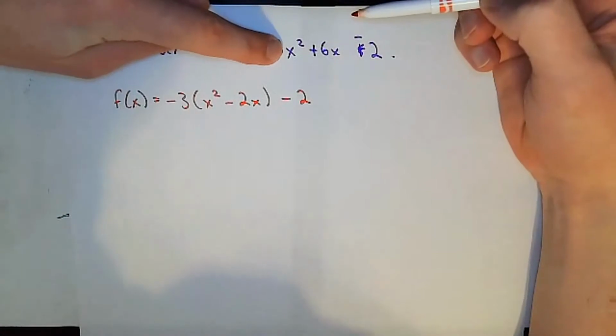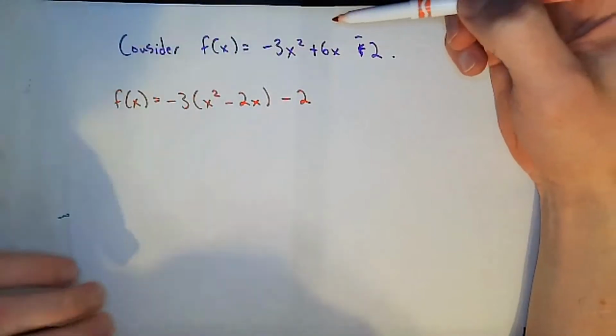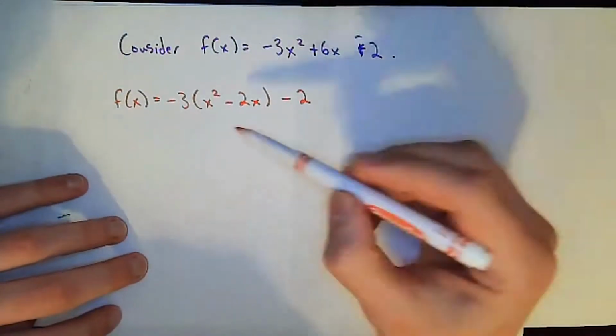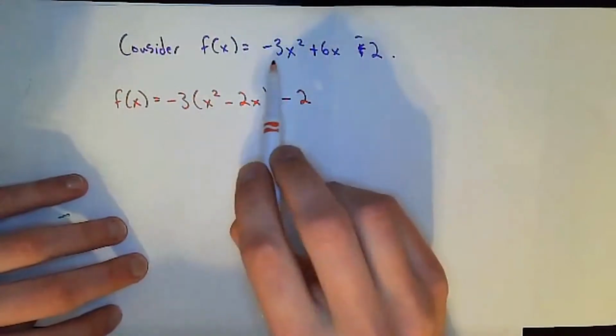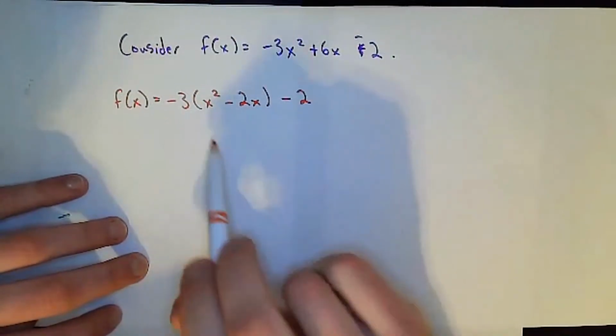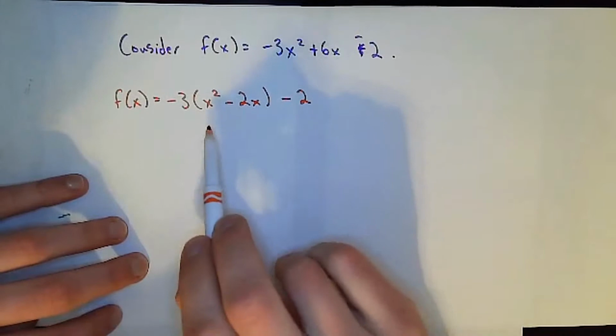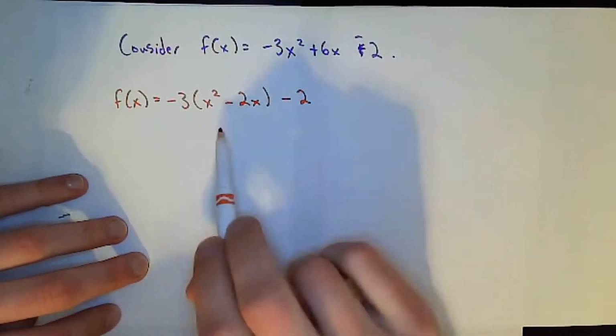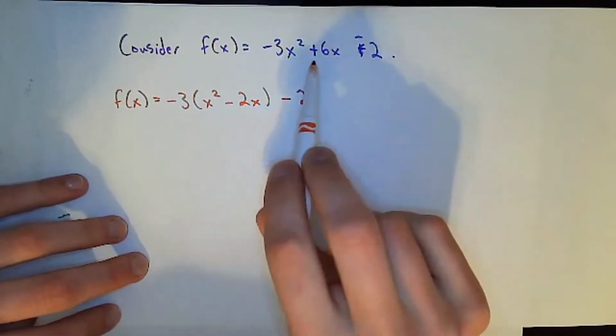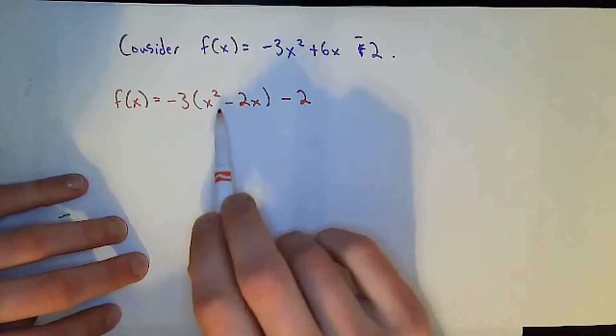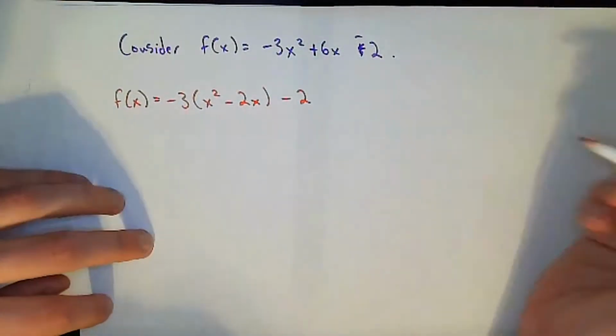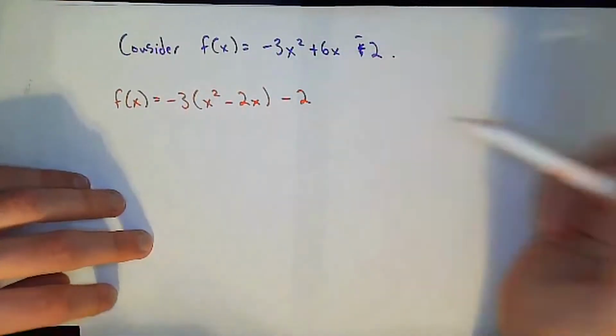If it's just a 1, then I can skip this step. But it's not, so I need to factor it off. And the negative 2, you don't want a negative going on in here, it complicates things. And of course, since I pulled a negative 3 off of the positive 6, it's flipping that sign. That's why that became negative. And then the minus 2, the constant term, just coming down.